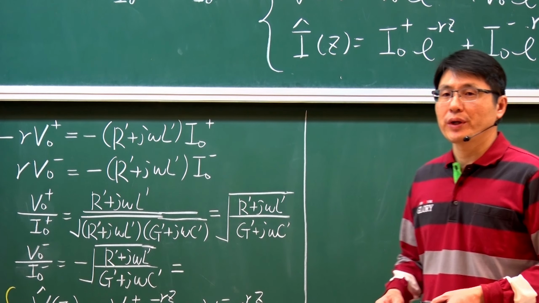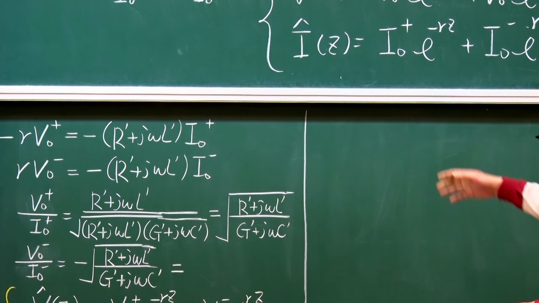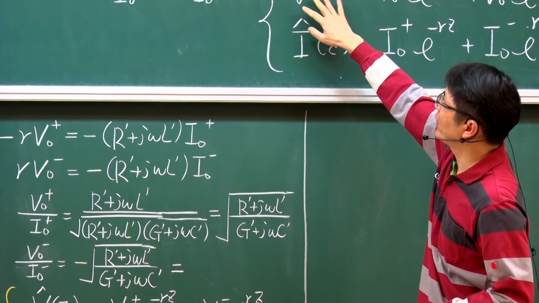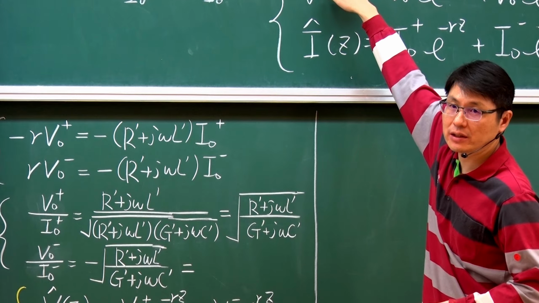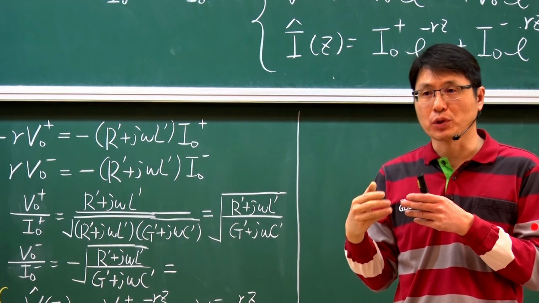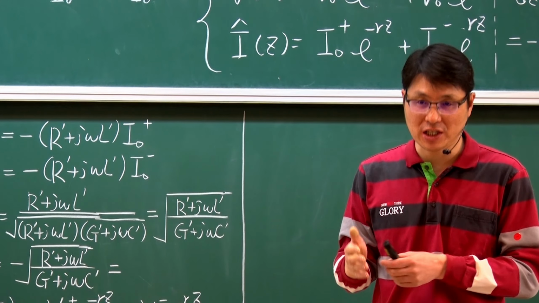So during the break, there was one question from a student: what does the hat mean? Whenever I write a capitalized letter with this triangle, called a hat, it means I'm writing the parameter in the frequency domain using phasor representation.